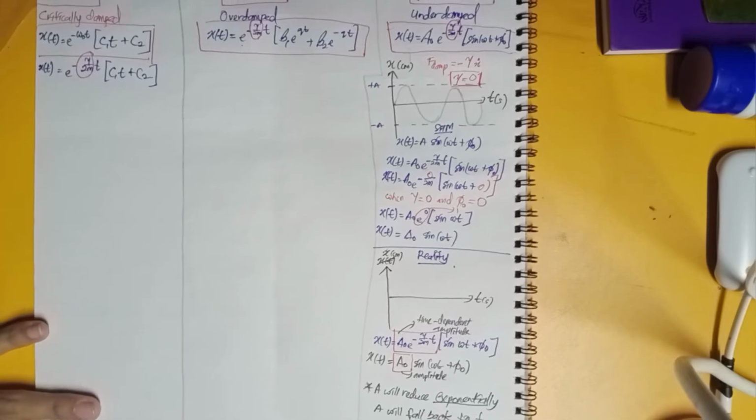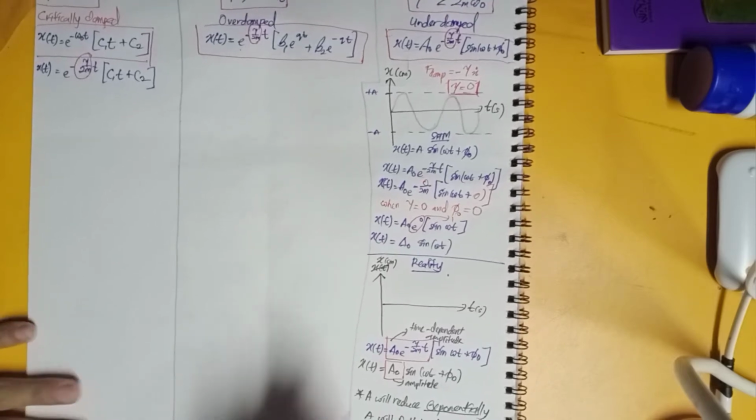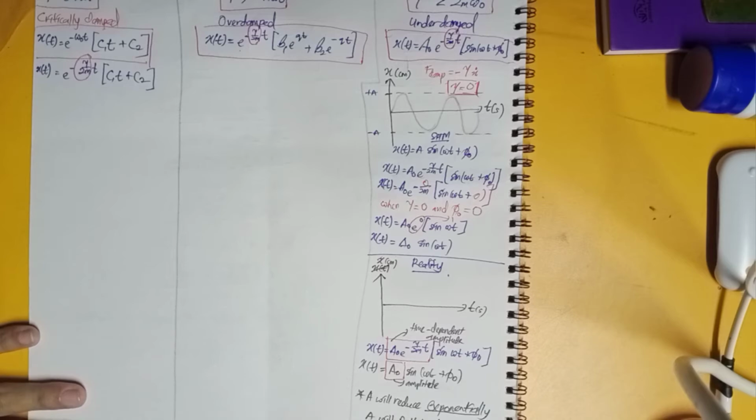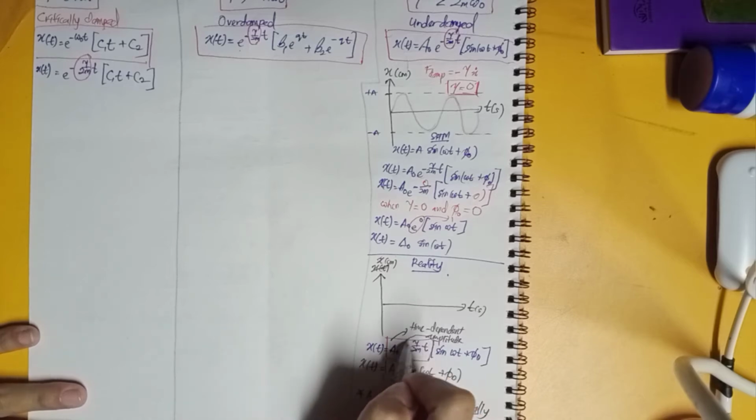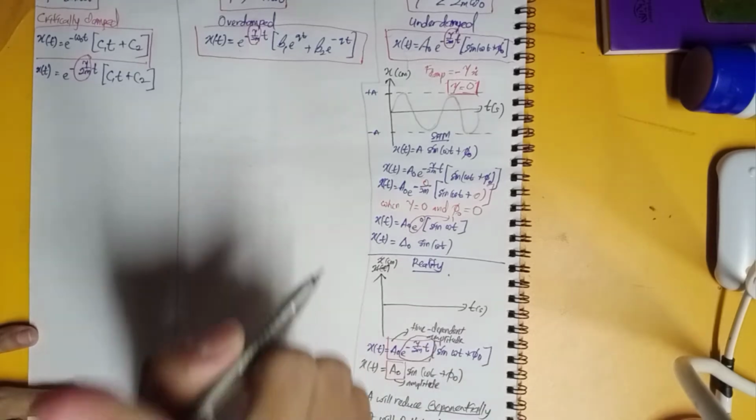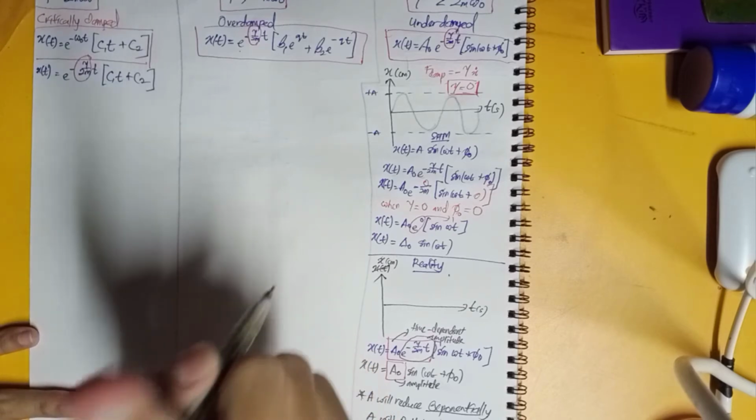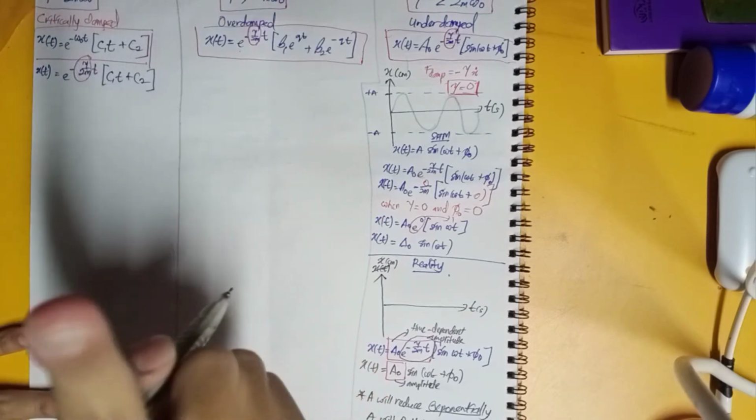What happened here is that since there is a presence of the exponential in this graph, that means this graph will reduce exponentially.